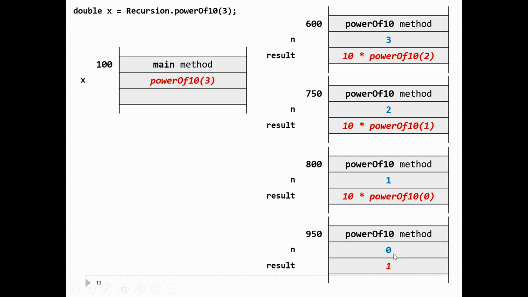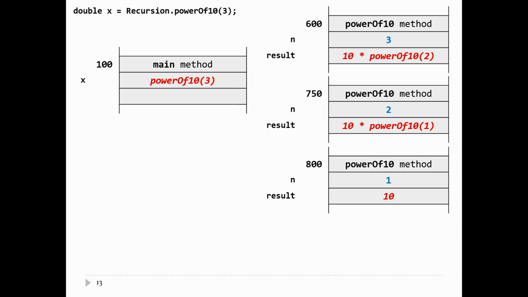When a method finishes running, it returns its result back to the caller. So that 1 is going to come back up and replace power of 10, 0 here. So I'm going to replace that with 1. And now this method is complete. It's returned its value. Away it goes, so it disappears from memory. And now this version of power of 10 can compute its final result, which is 10.